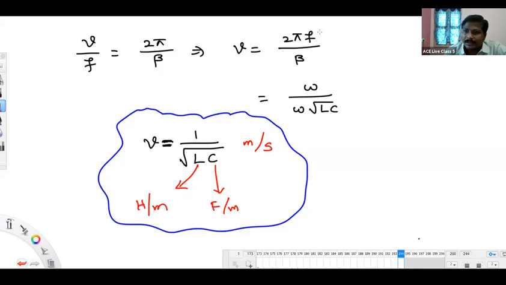So let's take a transmission line wire. What's the formula for inductance and what's the formula for capacitance?